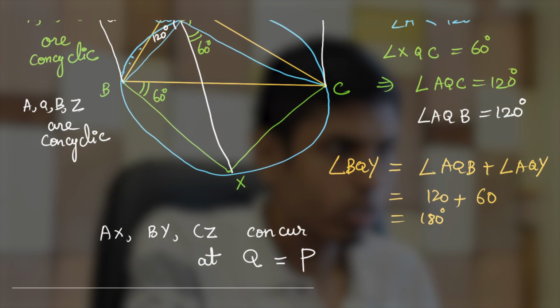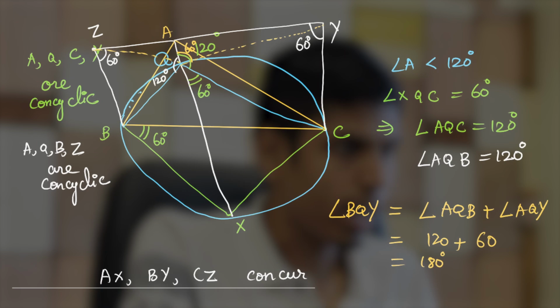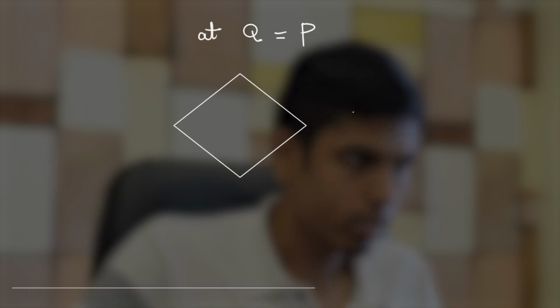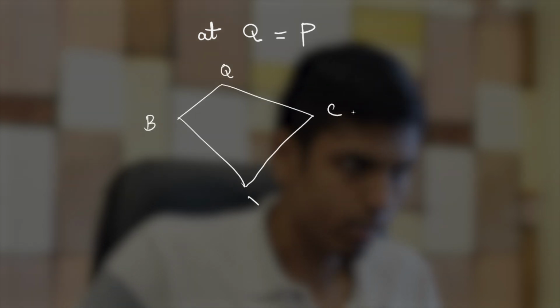So let's go to the triangle BQC and consider the cyclic quadrilateral BQCX. So let me draw it separately. If you consider BQCX, I know that it is a cyclic quadrilateral. Thus, their lengths are related with Ptolemy's theorem.